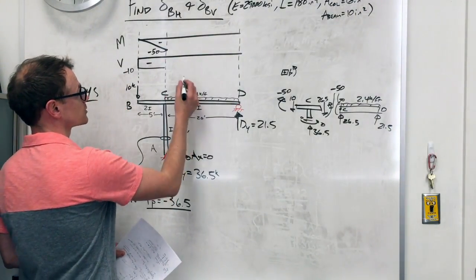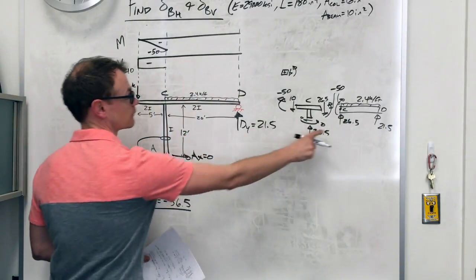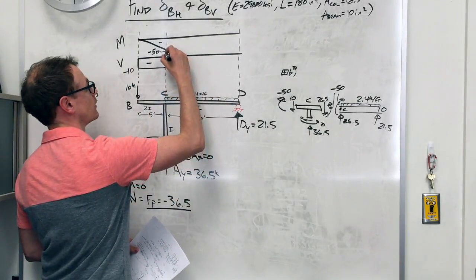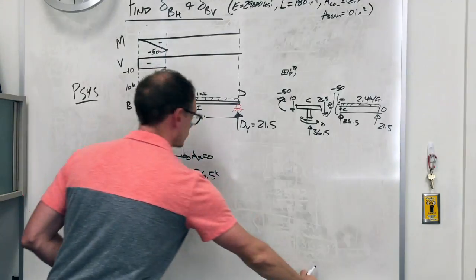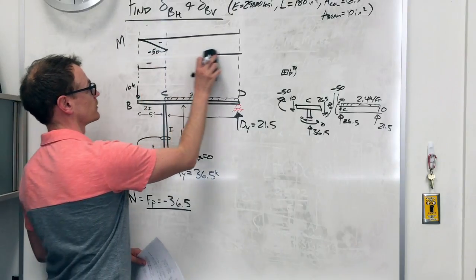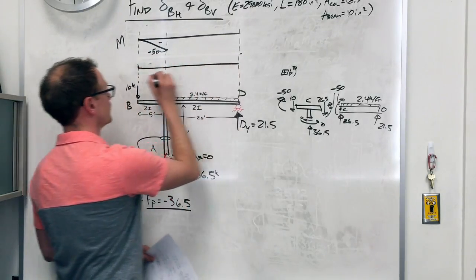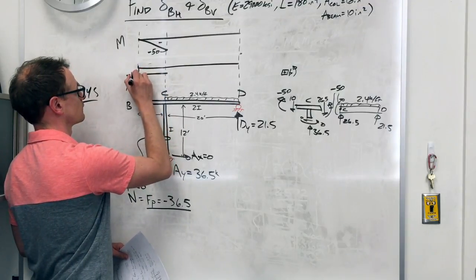And then, what's my shear? Well, I didn't do that part yet. Well, yeah, I did. Look, it's 26.5. So I go up. I kind of crowded my shear diagram out here. Let me bump it down a little bit. Let's just make this line the 0 line. There's negative 10.